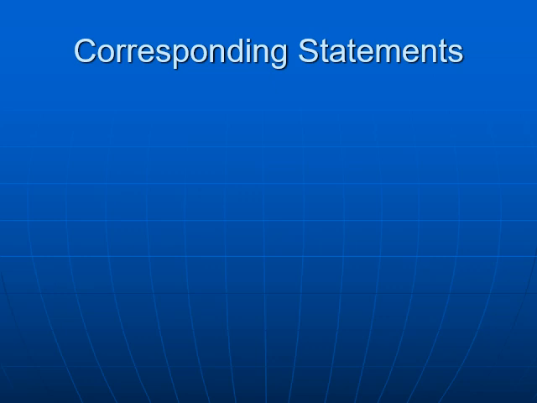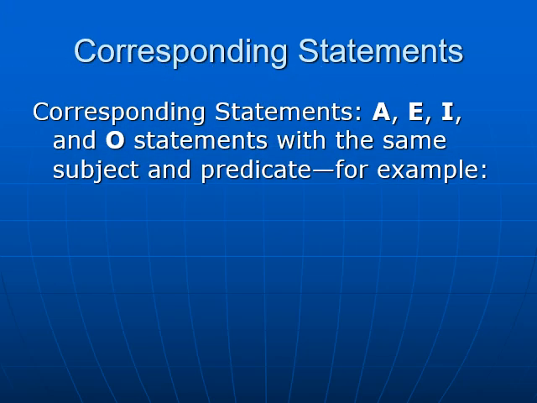But a corresponding statement, the idea is, what if you adjust all of the all, some, no, and so forth statements, but you use the same subject and the same predicate in each of those? Well, then you have corresponding statements. Here's an example.